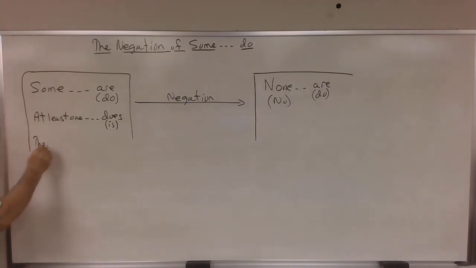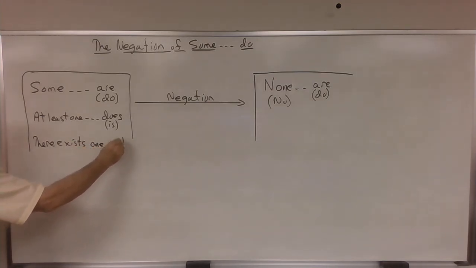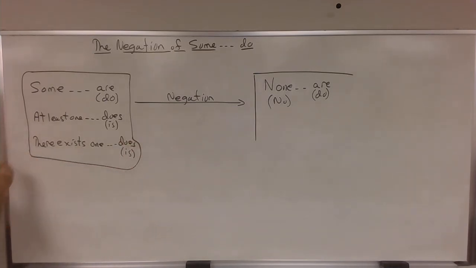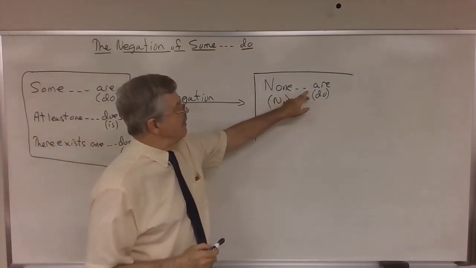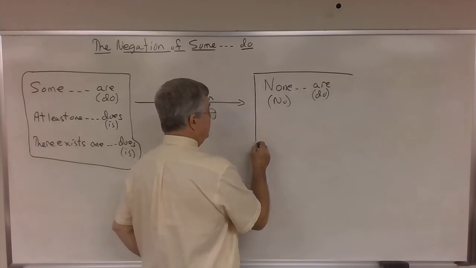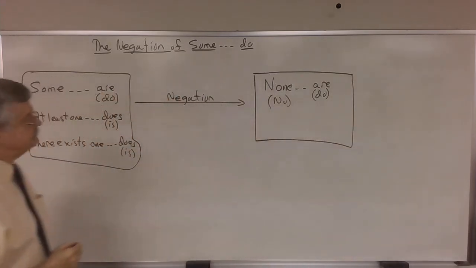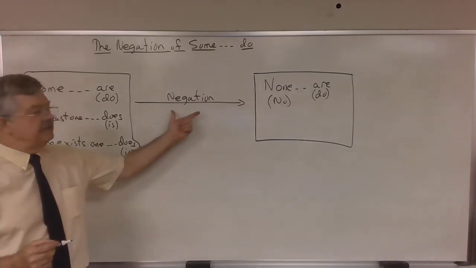There exists one that does or is. The negation of all of these three, since they all mean the same, is none are. There does not exist one that does. And this is a negation.